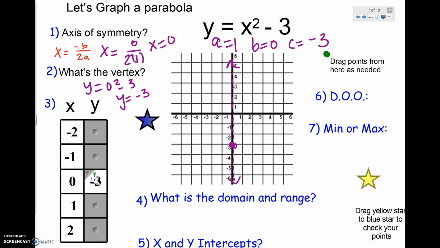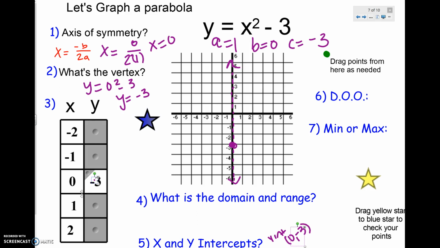So since we can't use the y-intercept as another point, so y-intercept here, I'm going to write it in here, is 0, -3. Then we definitely have to find other points. So remember that when you're looking for other points, you're going to look for points on either side of the vertex. That's why I have here -2, -1, and then 1, 2. Right?